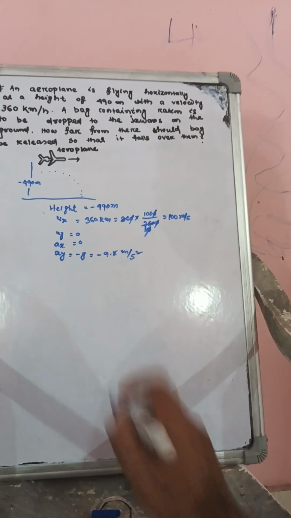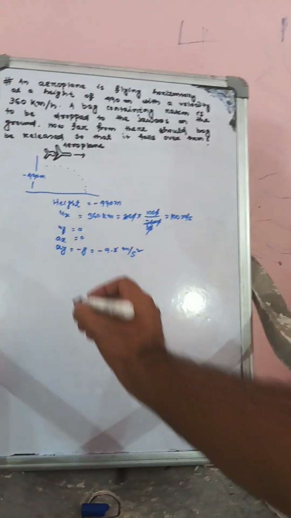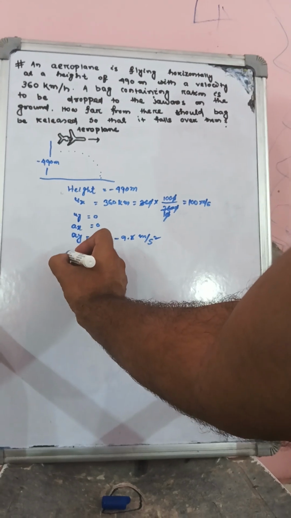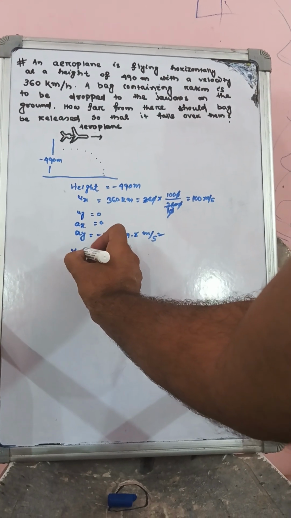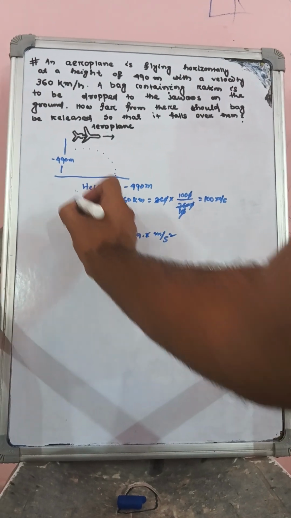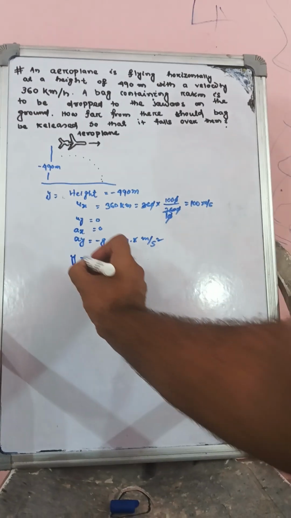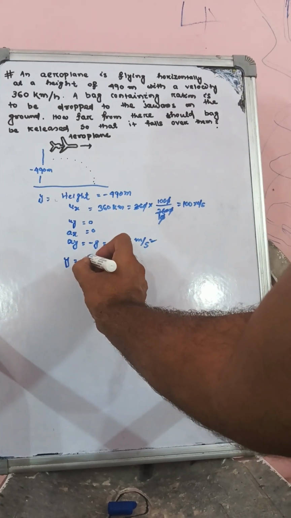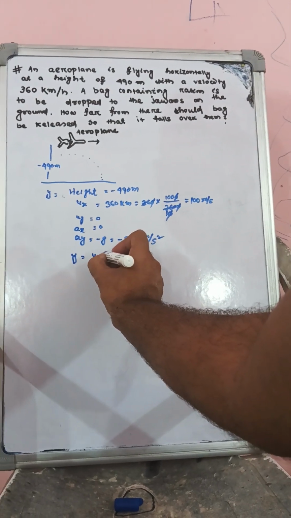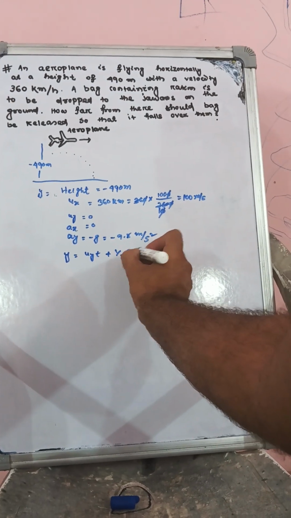So first we have to calculate y, that is height, you can write h, or negative h, I will write y is equal to uy t plus half ay t square.